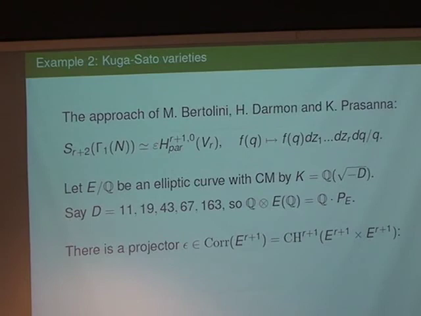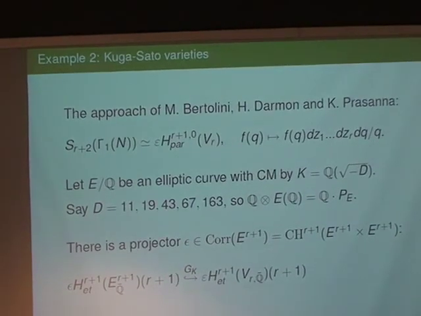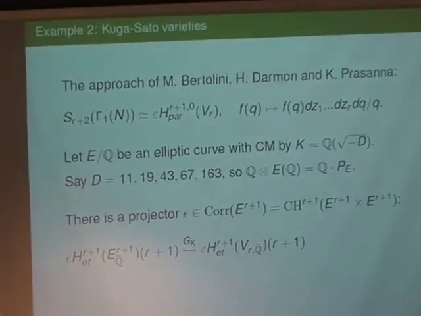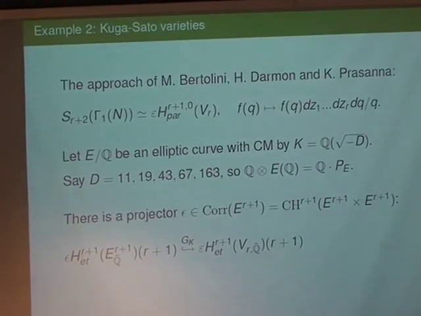And what happens is that there is a projector, an element of this Chow group of this product of R plus 1 copies of E, such that a piece of the cohomology of R plus 1 copies of E sits as a Galois module inside the étale cohomology of this Kuga-Sato variety. Okay, so this is exactly what we need in order to apply Tate's conjecture.